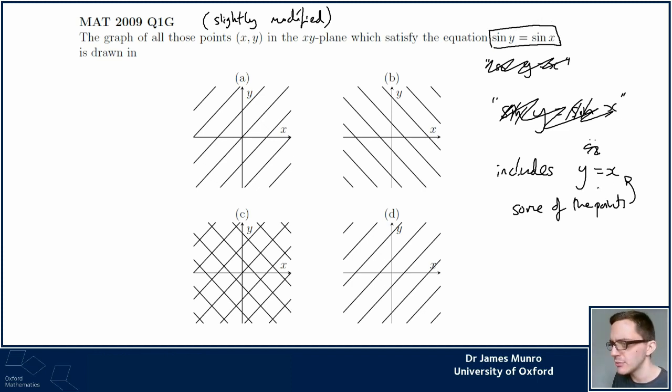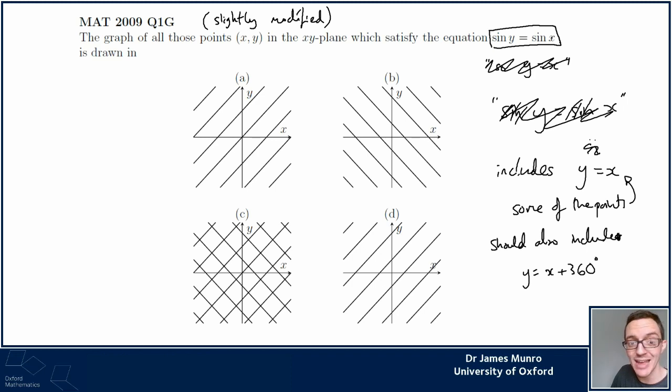Okay, what other line should it include? Well, we've just said sine is periodic, so it should also include y equals x plus 360 degrees. Whatever x is, we know that sine x is equal to sine of 360 degrees plus x. So those will have the same value.